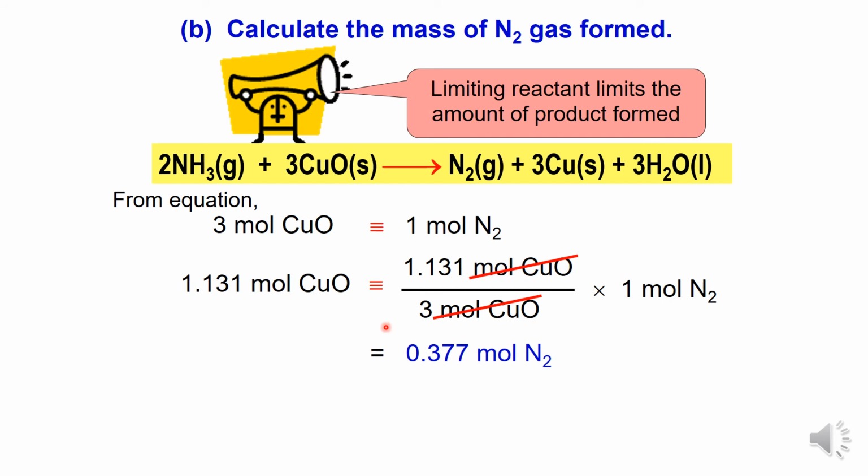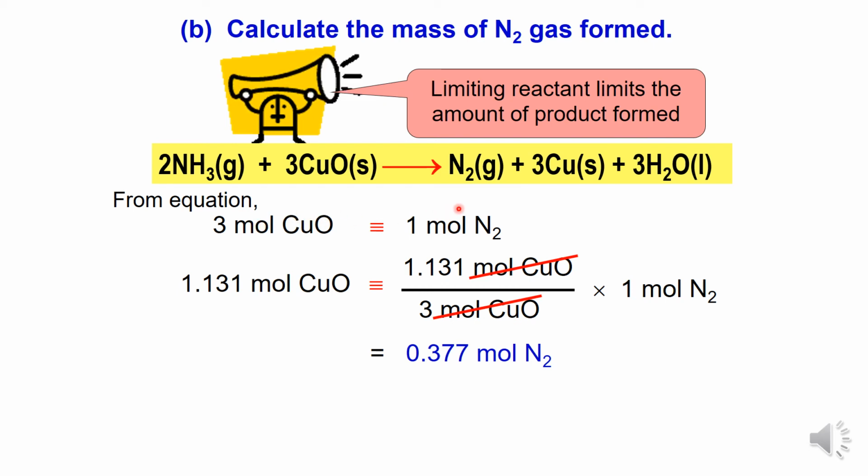So the answer is 0.377 mole nitrogen gas. Please remember, when we write the stoichiometry equation, always compare with the limiting reactant.